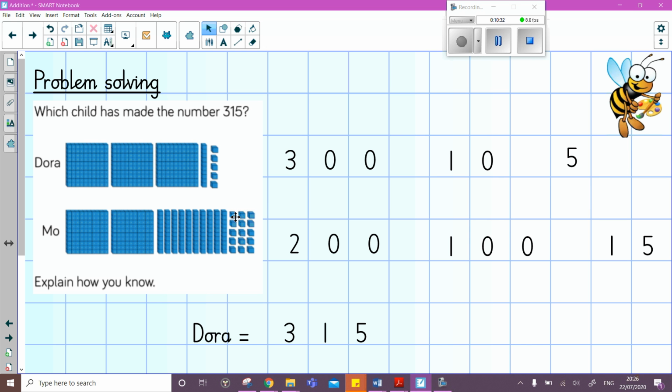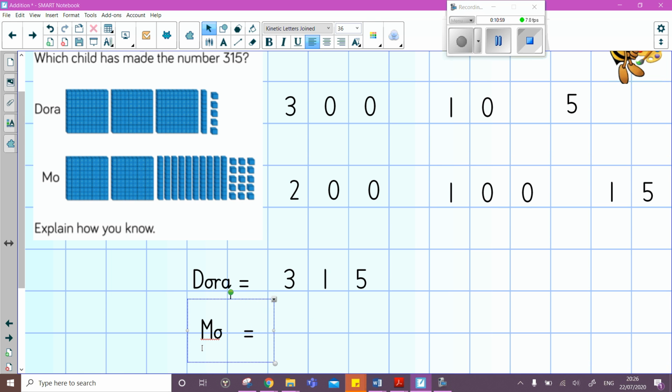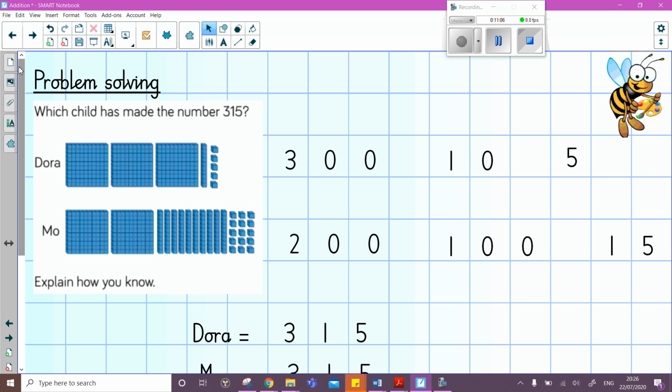So I'm going to use my times tables knowledge to count in threes, to count how many ones. 3, 6, 9, 12, 15. So I've jotted down 15. Now, if I find the total of his representations, I've got 200 add 100 is 300. 300 add 15 is 315. So Mo has also represented 315. It's just that they've both done it in very different ways.